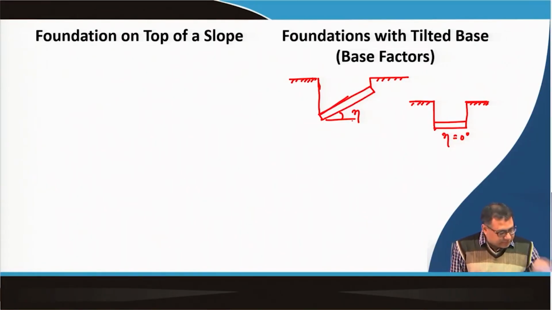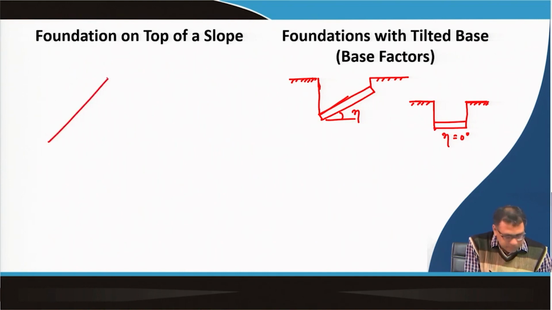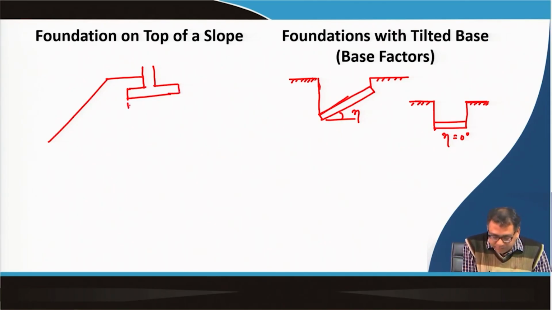For example, this is your foundation, this is a slope, okay, and your foundation is here on the top of a slope. It may be on the surface of the slope, or it may be at a distance, with a depth.